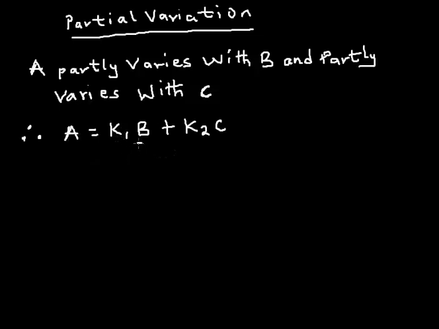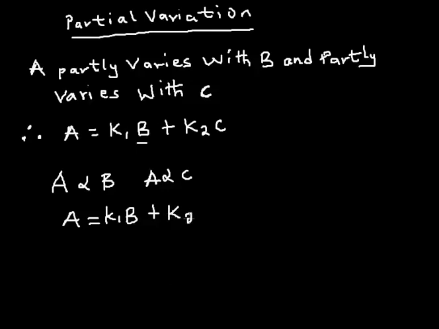One constant is the coefficient of B, a constant K1, and the other constant is the coefficient of C. So it's like when you connect A varies with B, and at the same time A varies with C, this will have its own constant K1, multiplied by B, then plus this also will have its own constant K2. I'm using plus, not multiplication, so know the difference.